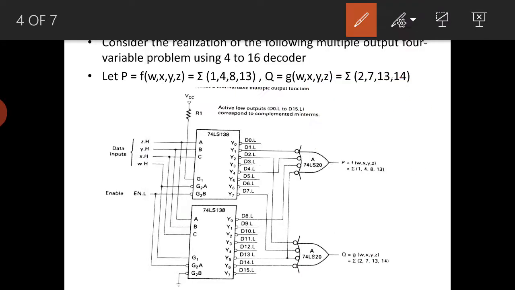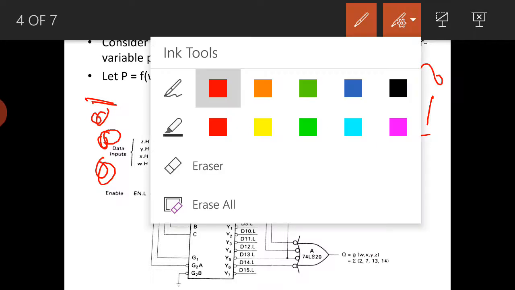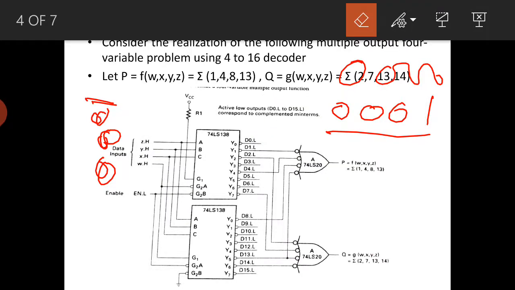Let us see. With inputs W X Y Z as 0 0 0 1, the first decoder is enabled. For 0 0 0 0, D0 would be enabled, but for the 0 0 0 1 combination, Y1 will be enabled, meaning its output will be 0, and all other outputs are high.